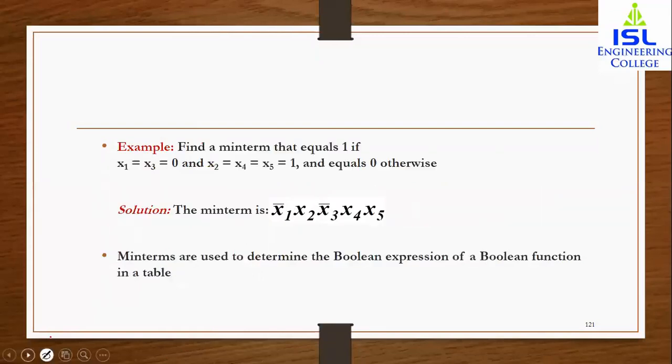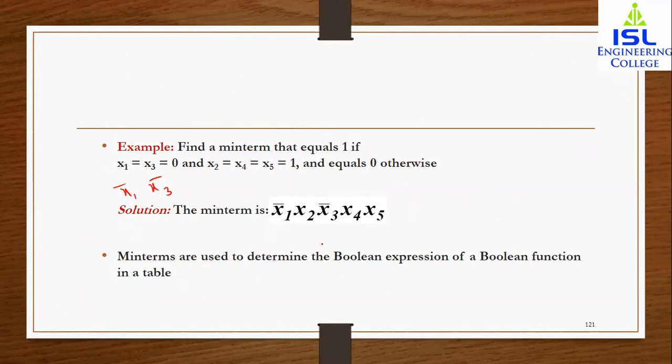Now with respect to this, let's take a problem. Find a minterm that equals 1 if x1, x3 are 0 and x2, x4, x5 are 1 and equals 0 otherwise. Whenever x1, x3 are 0, we have to take x1 bar and x3 bar. So by taking the values, the minterm will be x1 bar x2 x3 bar x4 x5.